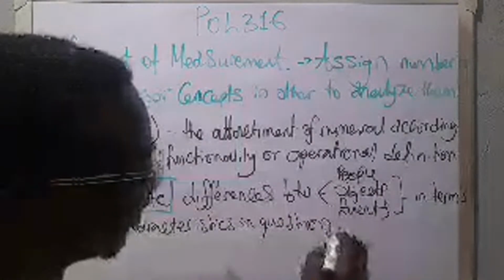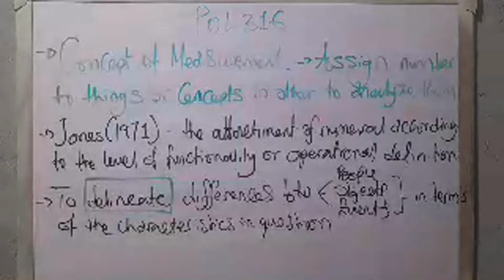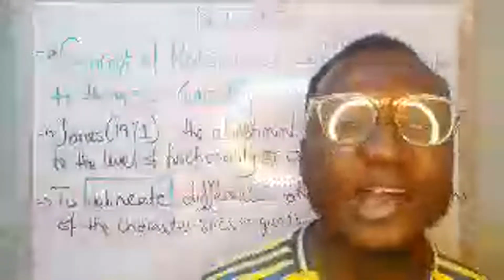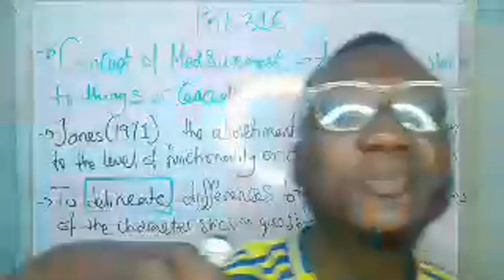So like I said earlier, you don't just assign numbers for the fun of it. You assign numbers because you are very intentional, you are very deliberate about knowing the specifics.